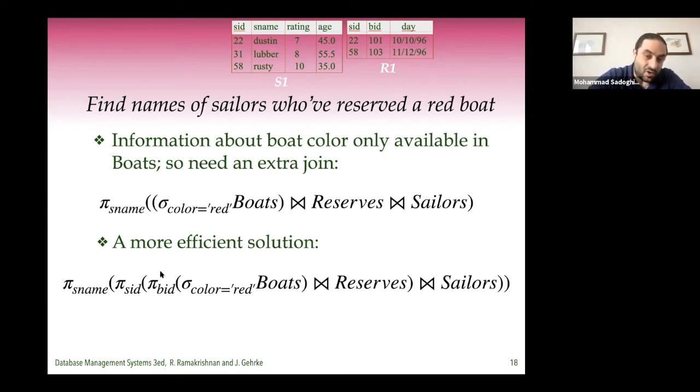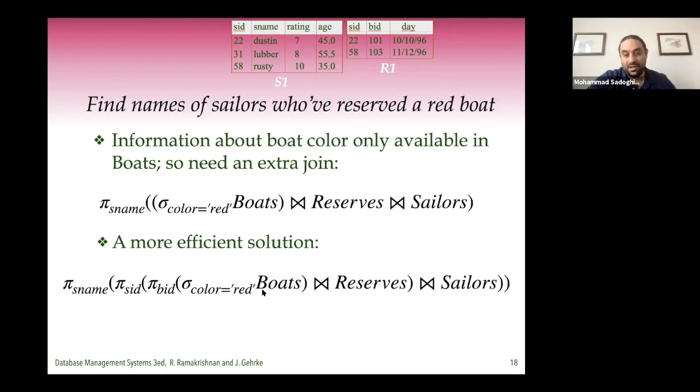So in addition to it being beneficial to push down your predicate, if you can do projection early on, it also saves transfer of data from one operator to another. So we only take out the boat ID of the boat. Once you join it with the reservation, the only thing you really need is the SID, because you only need it to join with the sailor, since you only need the name.